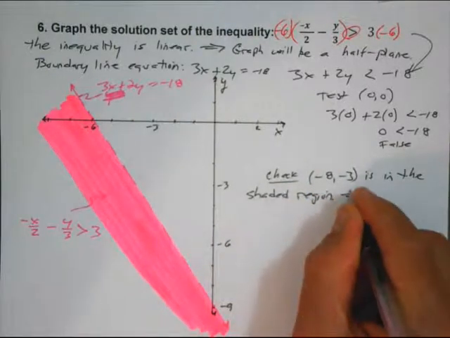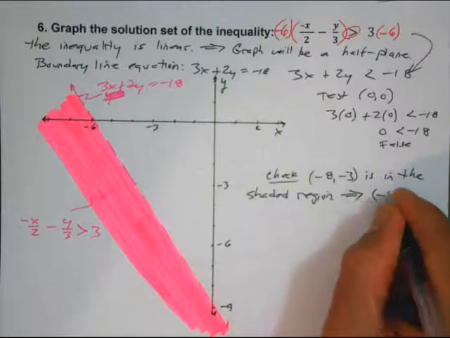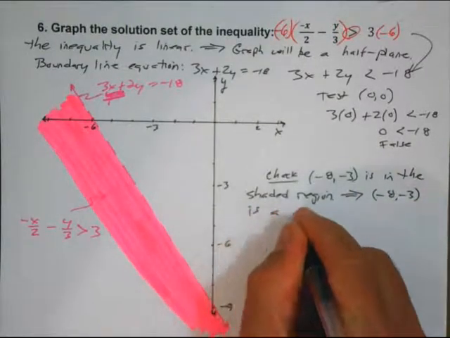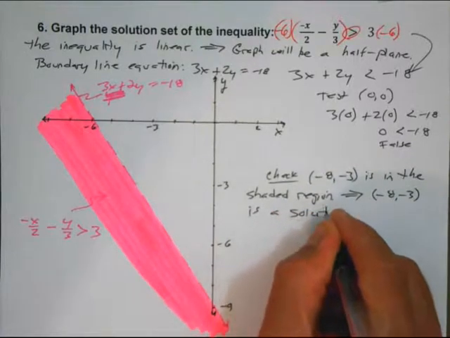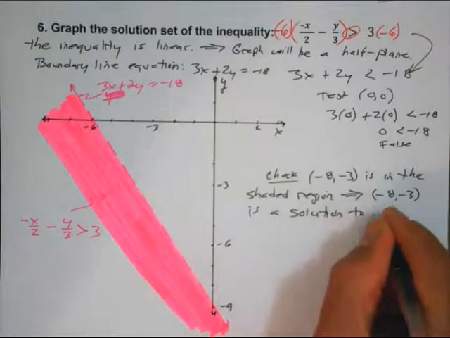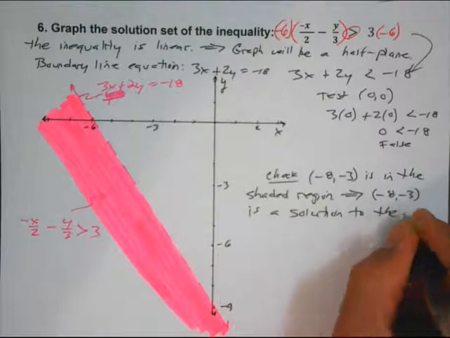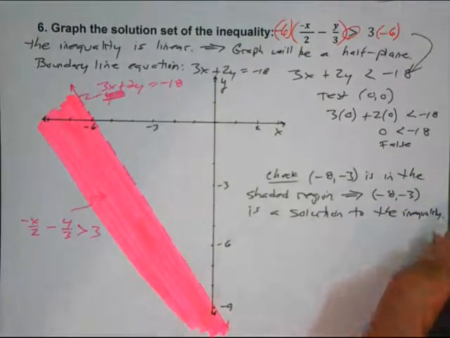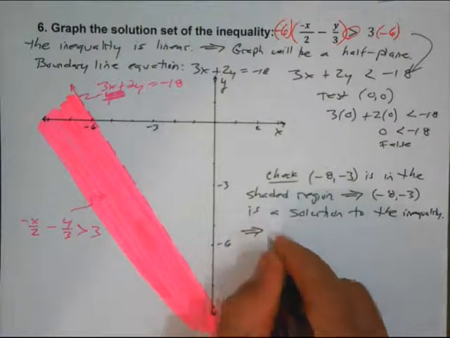Well, that implies that negative 8, negative 3 is a solution to the inequality. And what does that mean by definition?